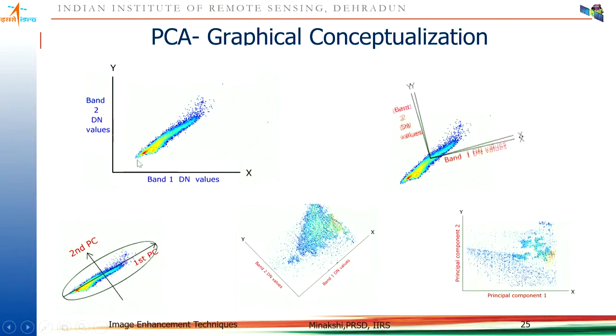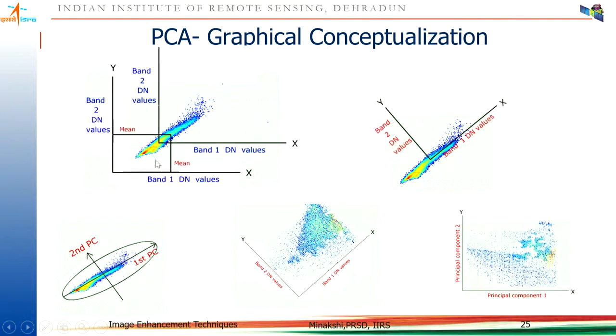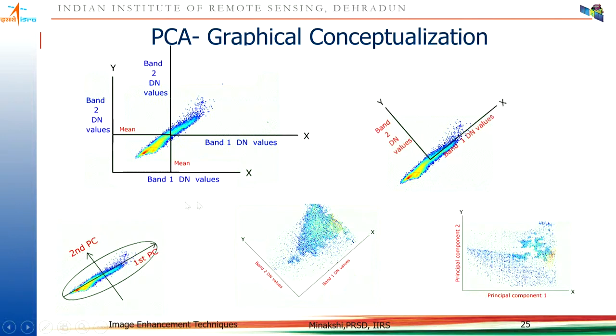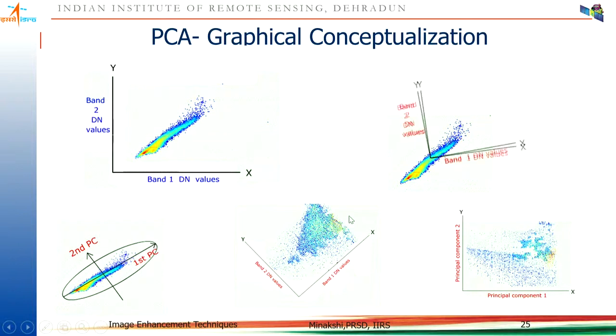Now see that the DN values were in the original coordinate system, band 1 values versus band 2 values. If I reproject them, that means multiply each DN value by the x component rotation and the y component rotation, my new spread is like this.